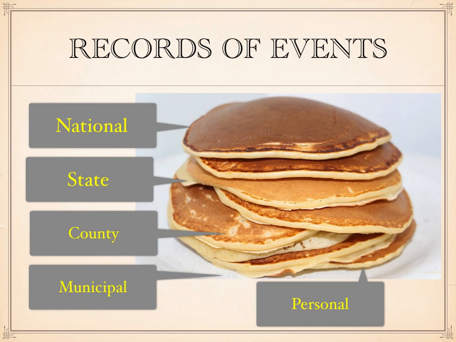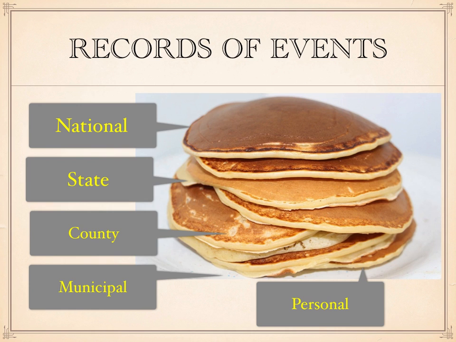So, for example, national level records could be things such as income tax records, military records, legislative records, many types of different things that are kept on a national level. In the United States, Native American or Indian records have been kept on a national level. We have also state records.